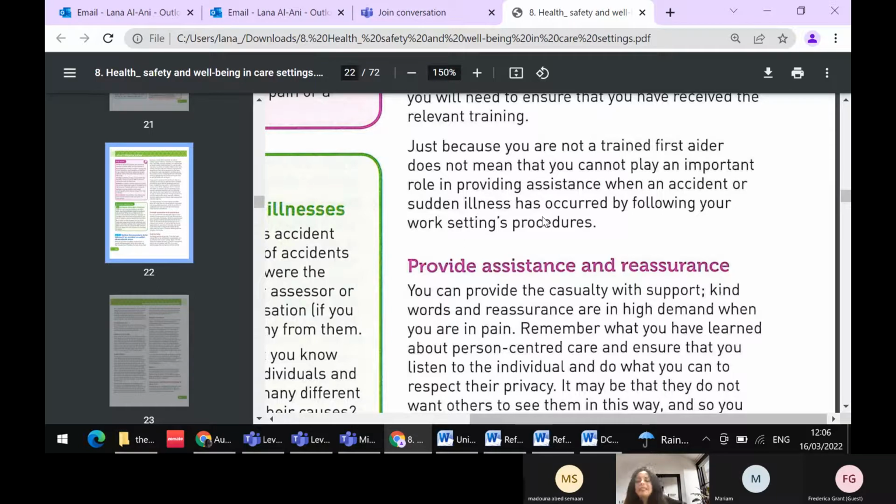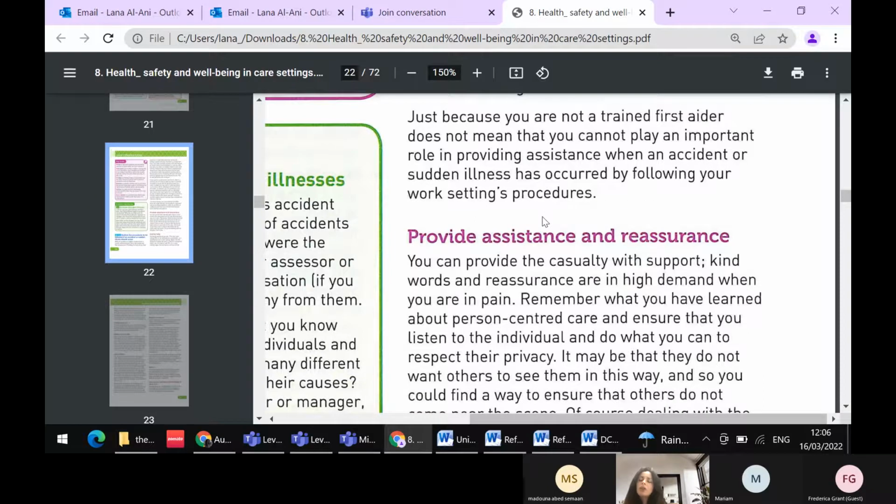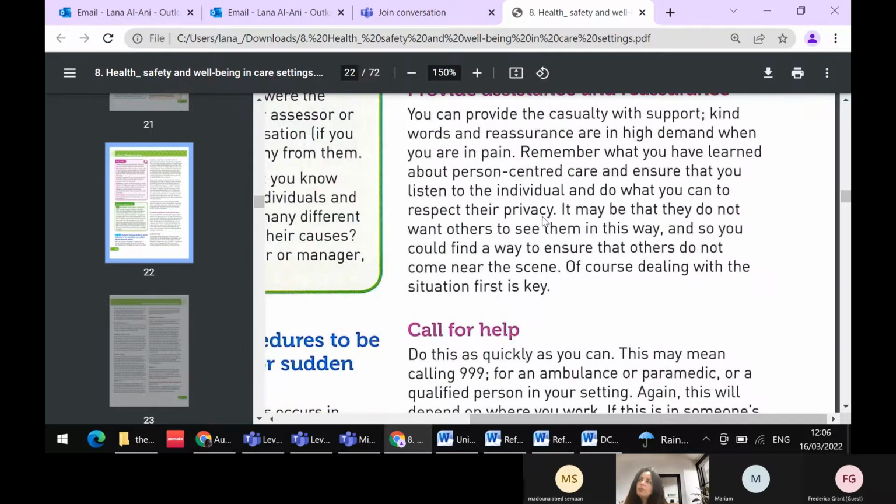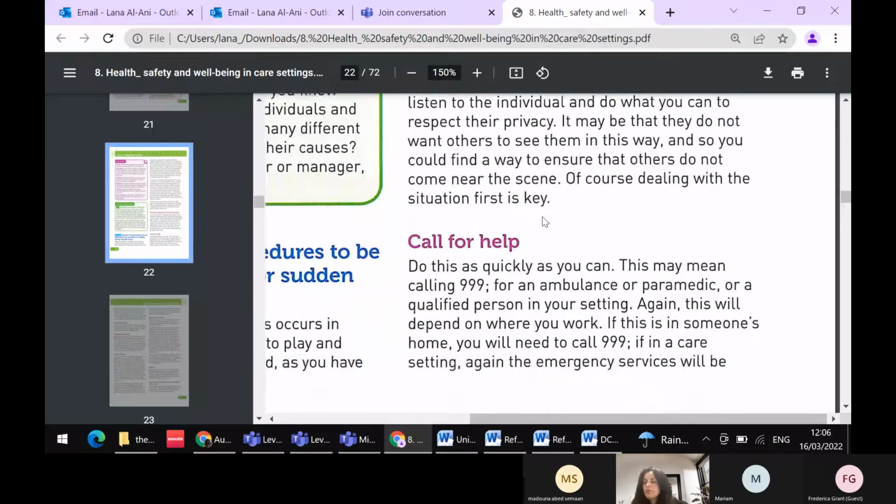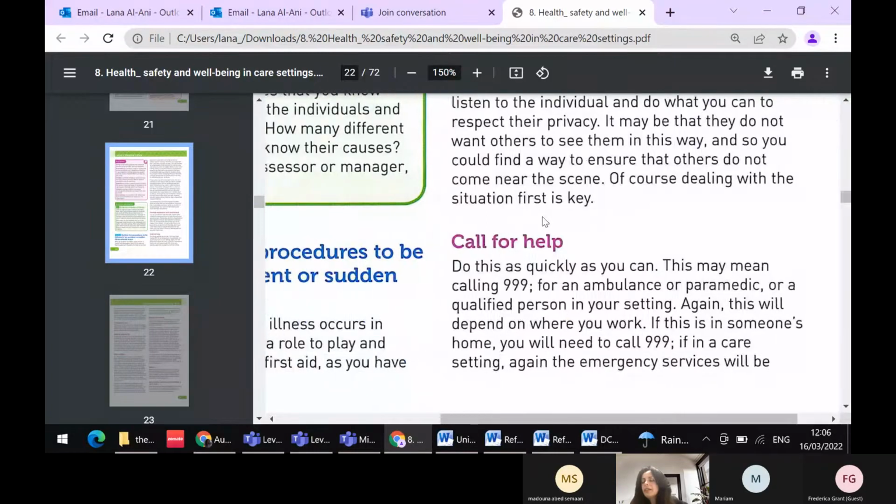You need to listen to the individual, respect their privacy, respect their wishes, and straight away call 999. If you are in a nursing home, maybe just inform the manager and they will be doing the rest. Is this clear?